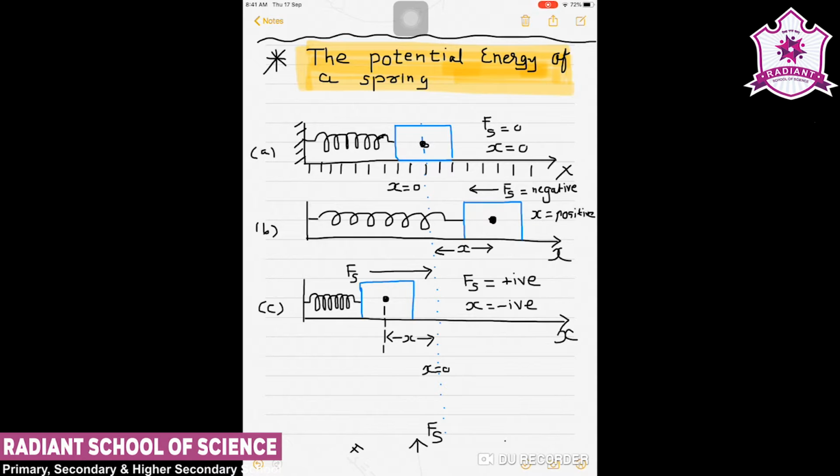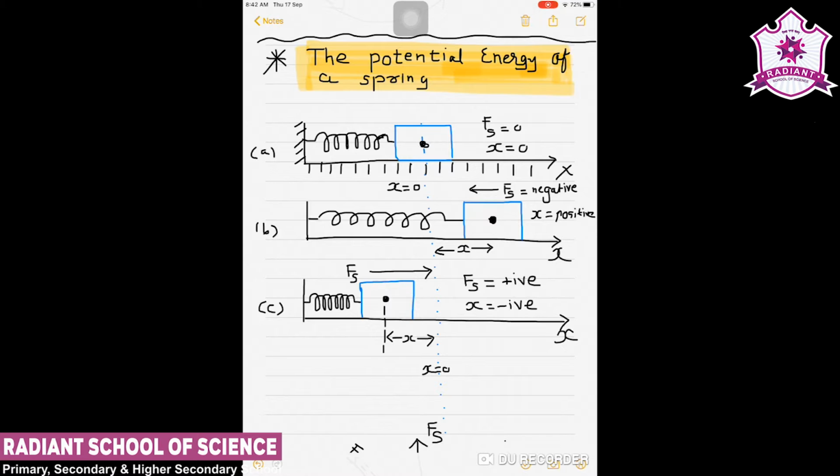So this Fs force is directly proportional to the displacement x, and when x is moved towards the right side from its equilibrium condition, Fs is acting towards the left hand side, and when the block is moved towards the left hand side at a distance x, the Fs will be towards the right hand side in the same proportionality of displacement.